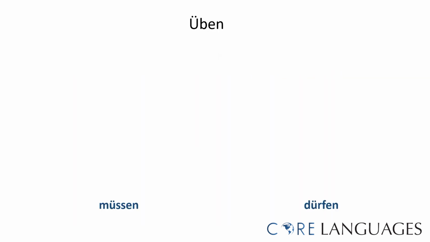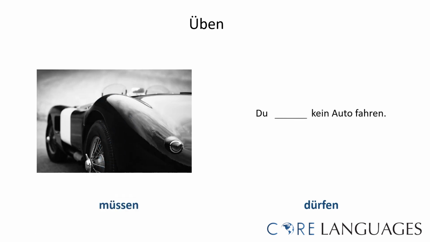Practice. Üben wir. Choose the correct modal verb and past tense conjugation to complete the following two sentences. Du kein Auto fahren. I could say, du durftest kein Auto fahren.